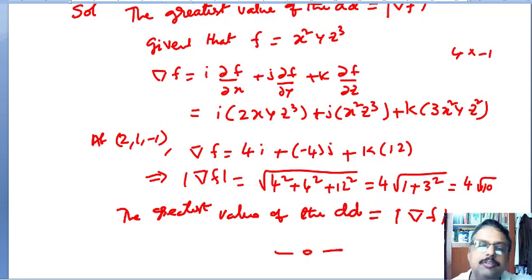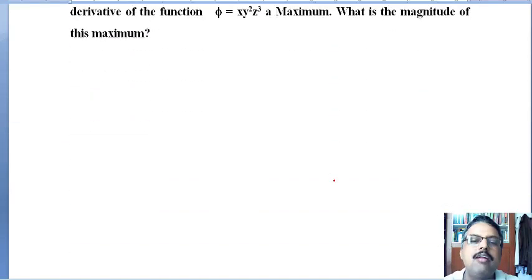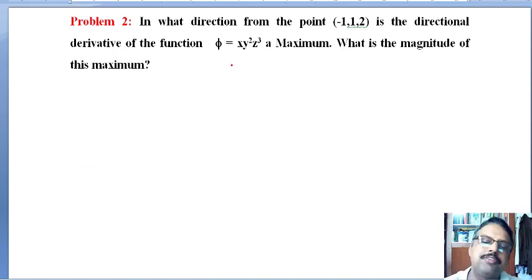Very simple question. If you want to find the maximum directional derivative or greatest value of the directional derivative, just find the modulus of del f. Now coming to the next question. In what direction? Similar question. Now solution.